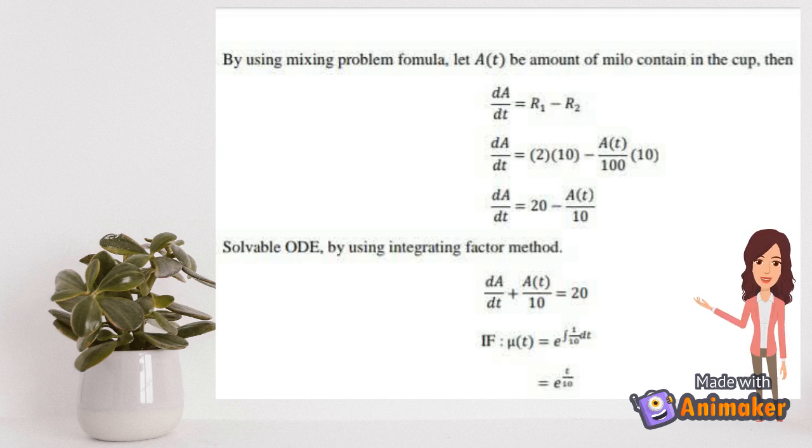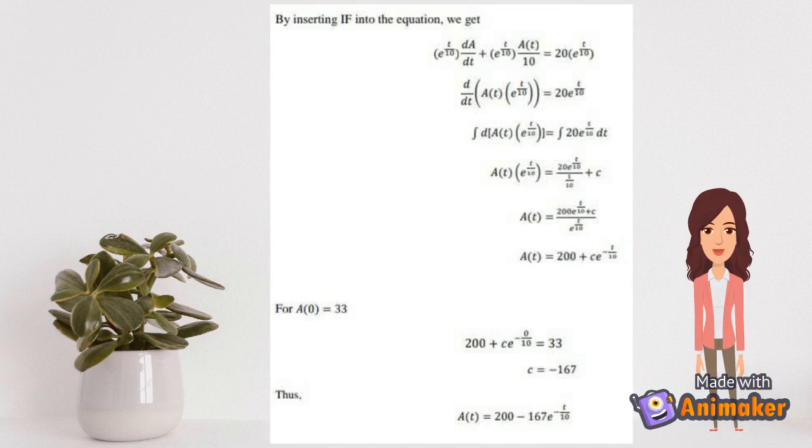Since the mixing problem equation can't be solved by separable methods, we may use the integrating factor method. Thus, we find the integrating factor. By inserting the integrating factor into the equation, we get A(t) equals 200 plus C times e to the negative t over 10, where C is a constant.